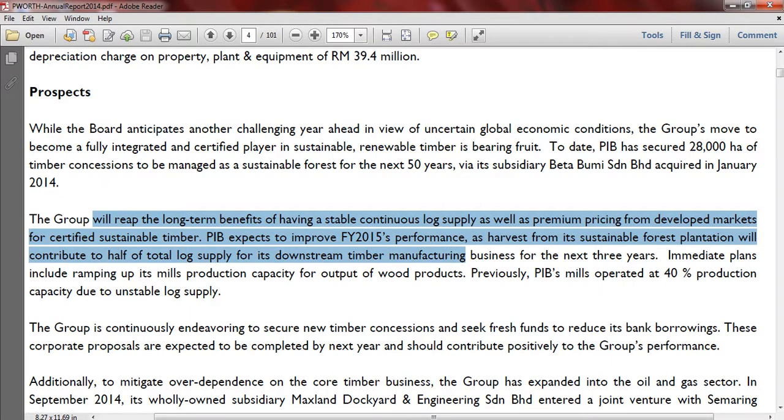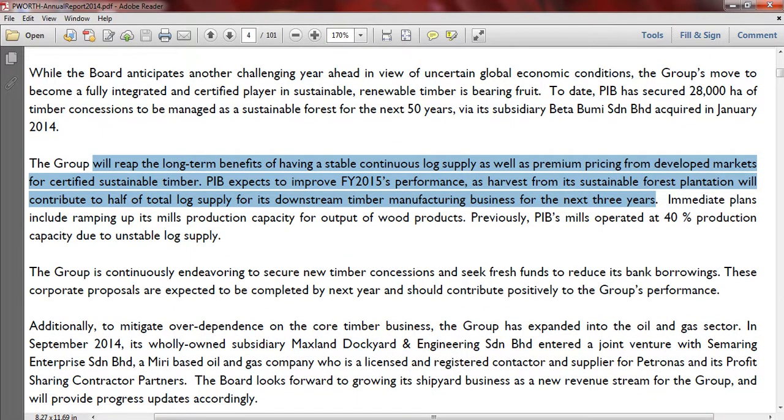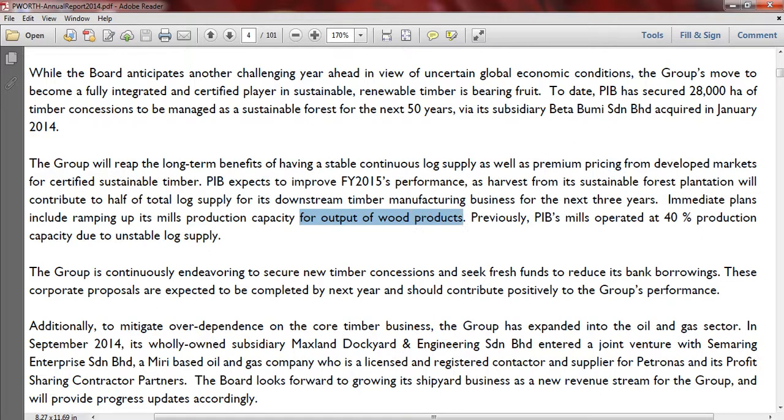Expect to improve, however, as its sustainable plantation will contribute half of total log supply to the downstream timber manufacturing business for the next 3 years. So basically it looks quite interesting. Plans include ramping up its mill production capacity for output.